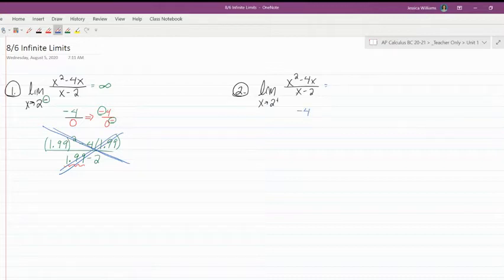And then I have 2 minus 2, which is a 0, but let's talk about what kind of 0. So I have negative 4 over a number a little bit bigger than 2, like a 2.1, minus an actual 2 is going to leave us with a small but positive 0. This time, when I divide, I'm going to get infinity, but this one's going to be negative infinity because a negative by a positive is a negative.